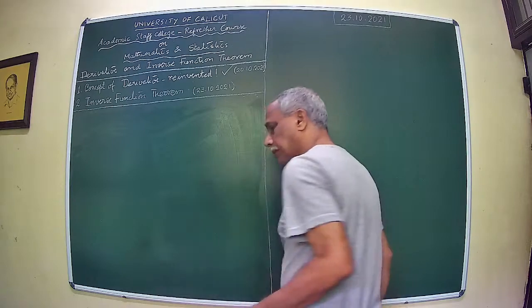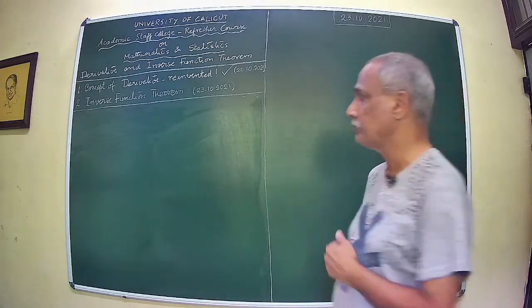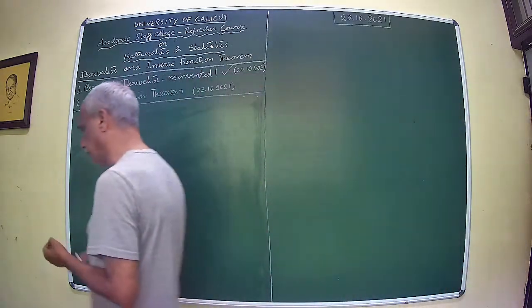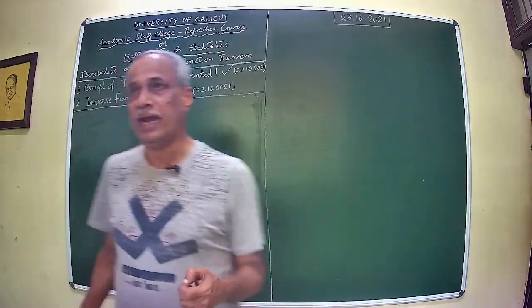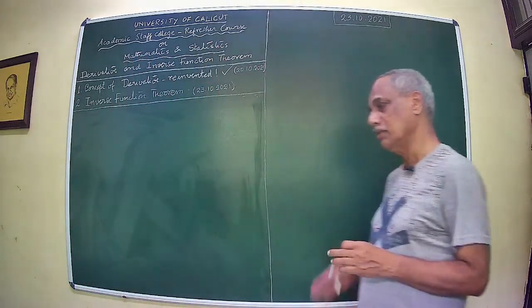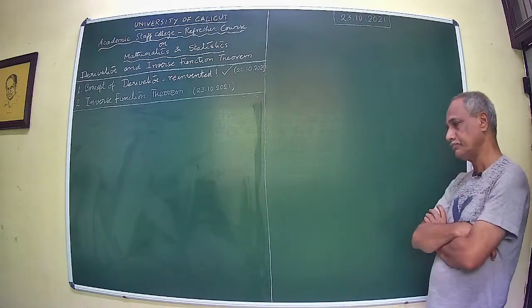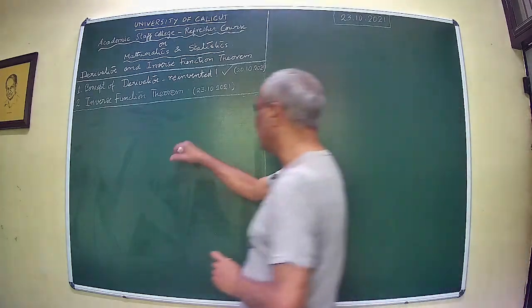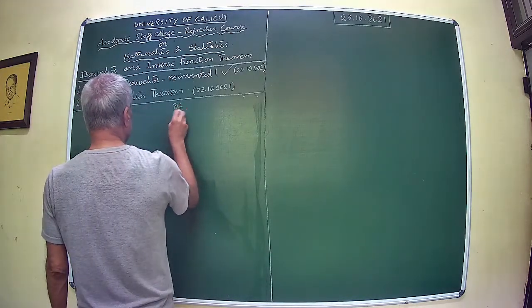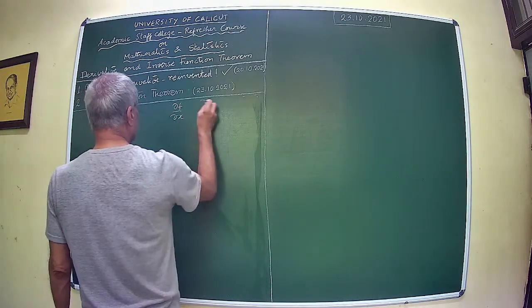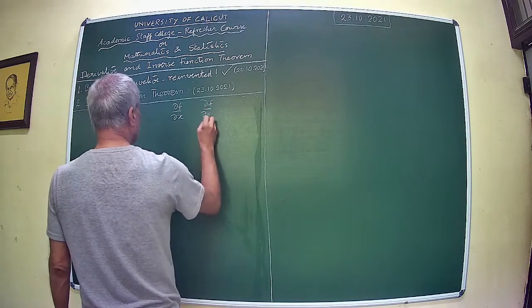So how was the partial derivative defined? Partial derivative was defined as the directional derivative along the coordinates. So you had these things like df by dx in R2.